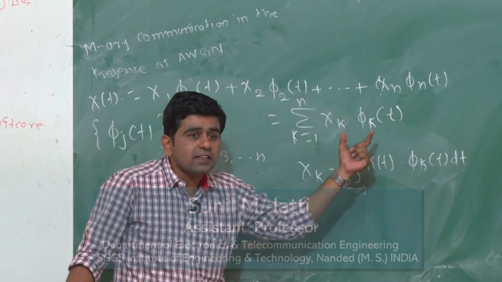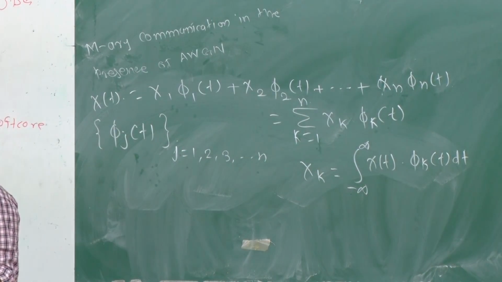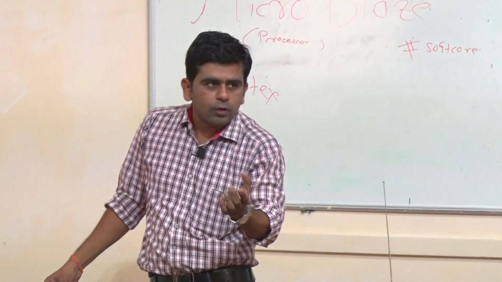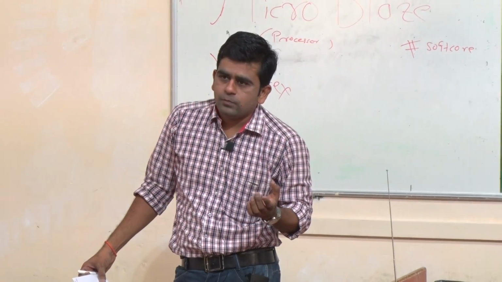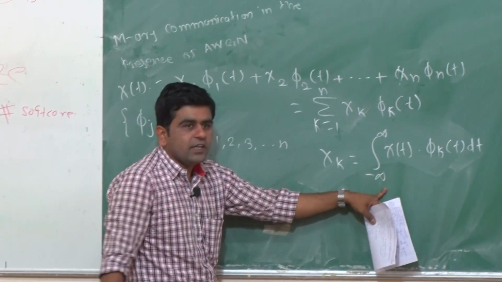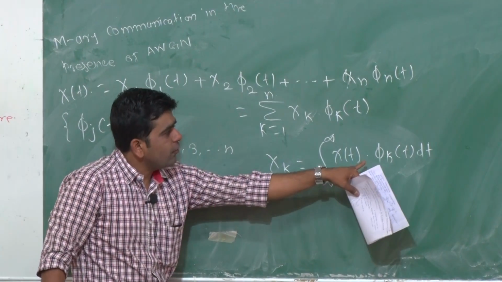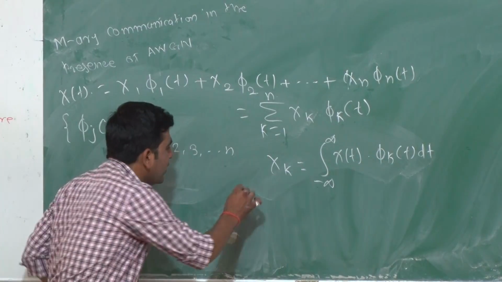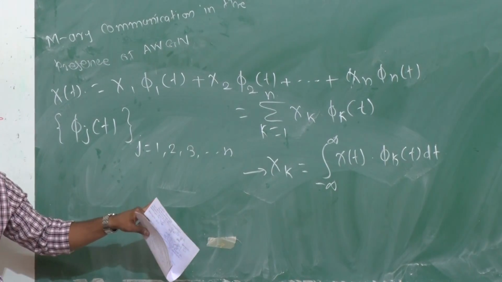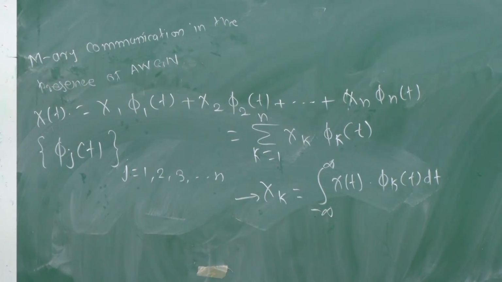These xk are the coefficients which give the projection of the random process x of t on the basis function. So xk is given as the integration from minus infinity to infinity of x of t into phi k of t. Here k goes in the basis function from 1 to n.